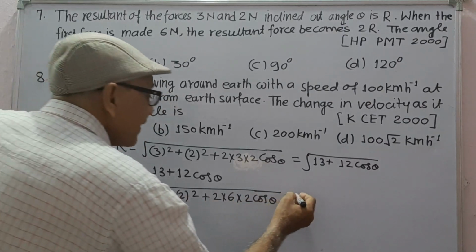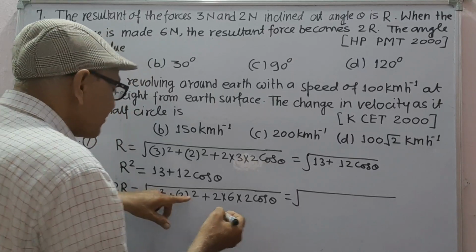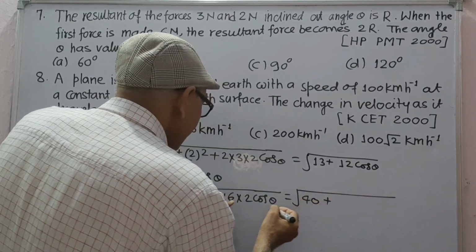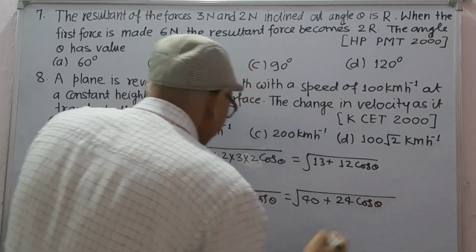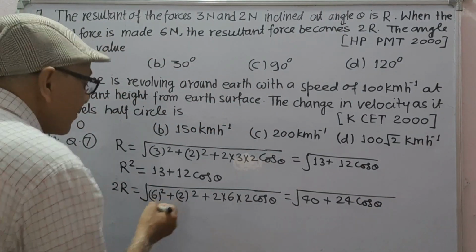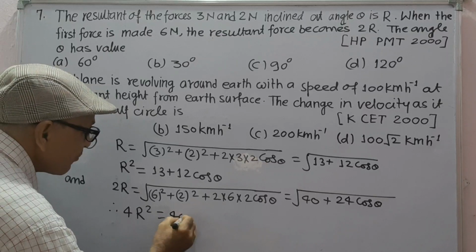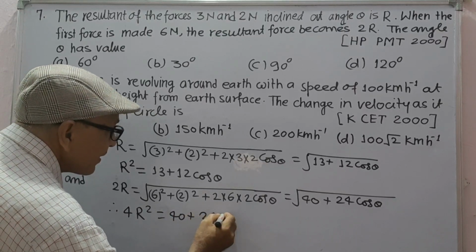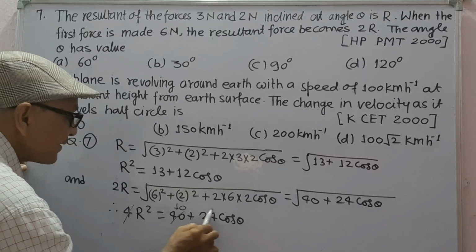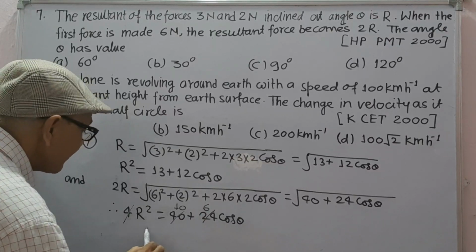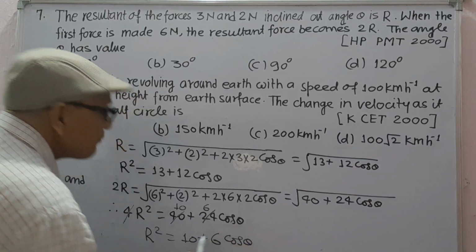This gives 36 plus 4 means 40 plus 24 cos theta, or squaring both sides we get 4R square is equal to 40 plus 24 cos theta, or dividing by 4 we get R square is equal to 10 plus 6 cos theta.